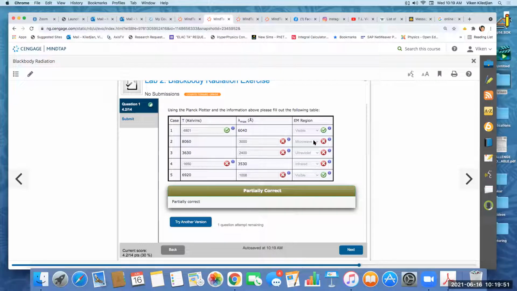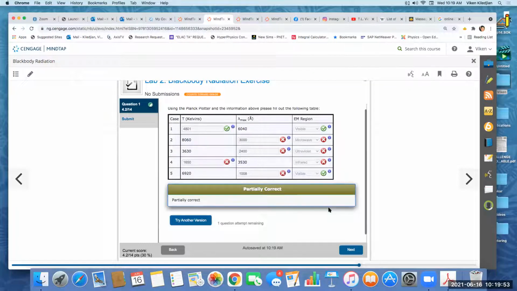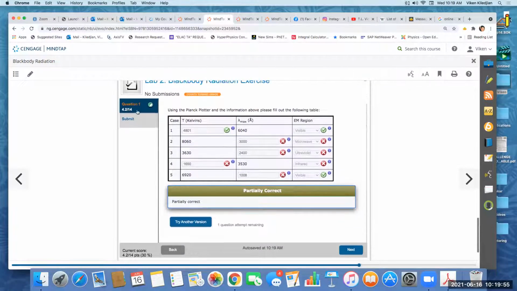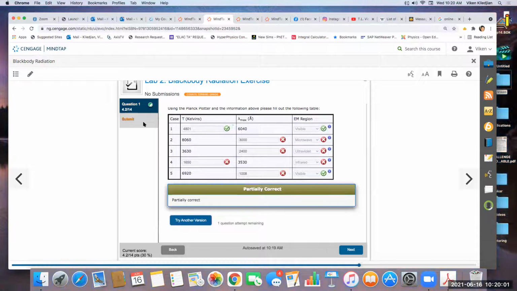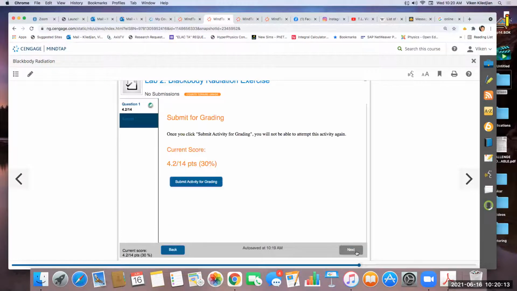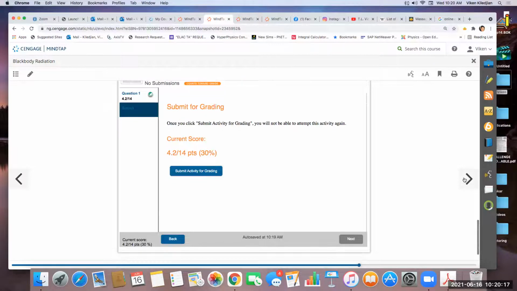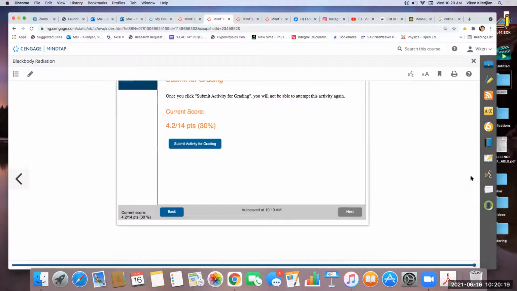It will show the score that you got here, 4.2 out of 14, and it will show everything that you filled out, right? Okay, cool. So you've got the snapshots for each one and then one whole snapshot. Then next, you don't need this one then.